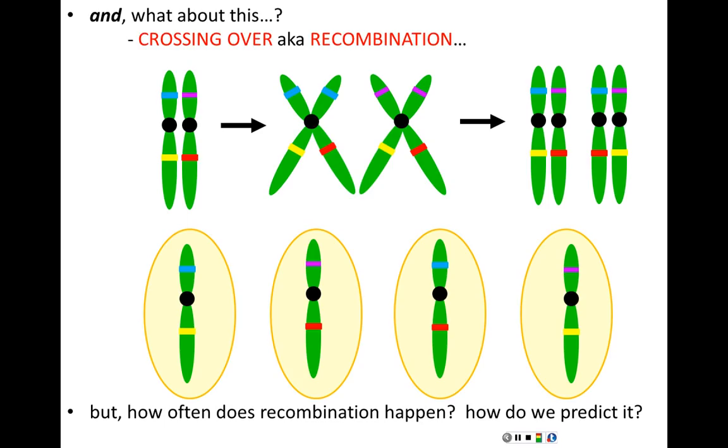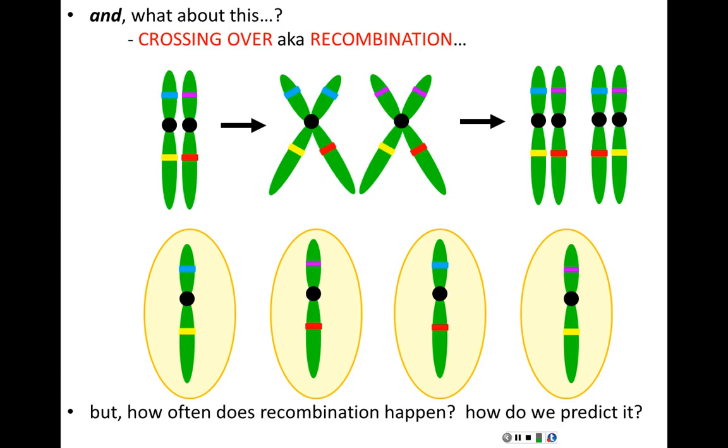So in the very first scenario I showed you, when the genes were unlinked and we had independent assortment, we got equal numbers of all gametes. In the second scenario I showed you, where the genes were fully linked and there was no recombination, we only got the combinations of alleles that were physically linked on the same chromosome.